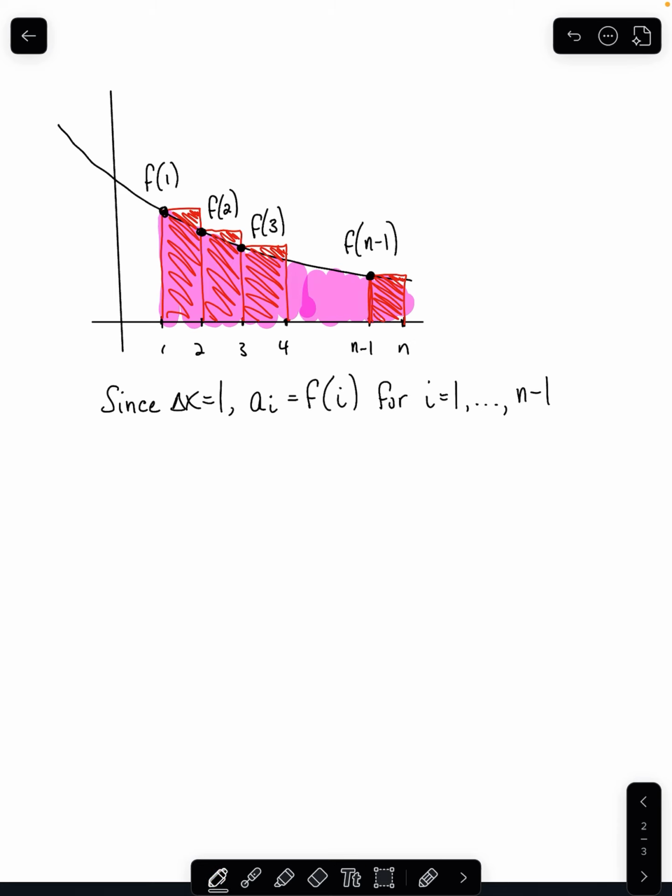Thus, the actual area of the region is less than the sum of the areas of all the rectangles.